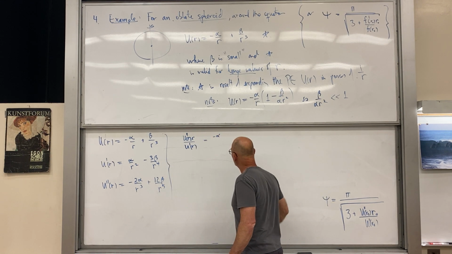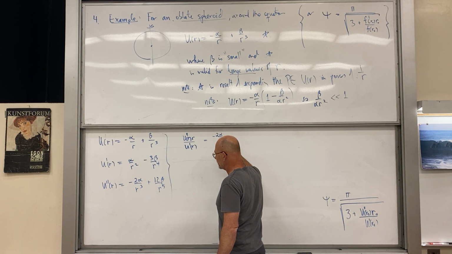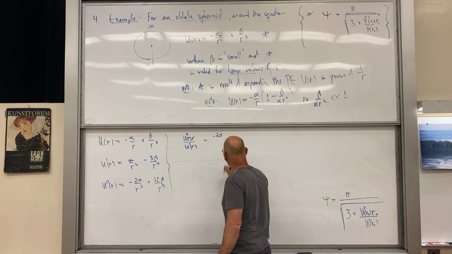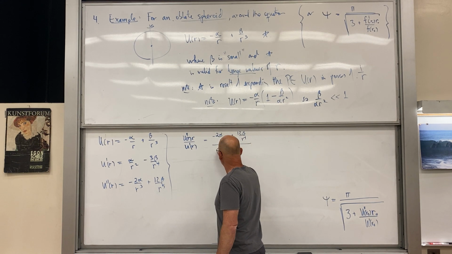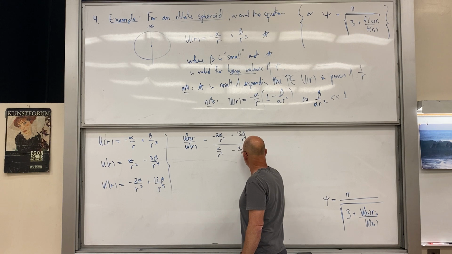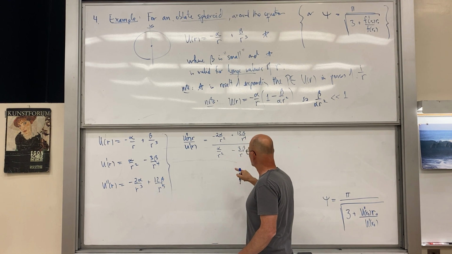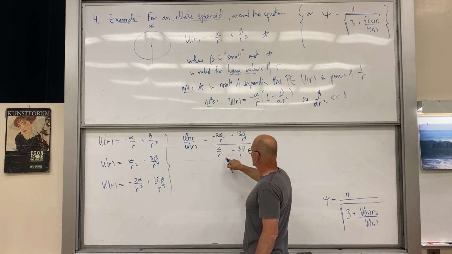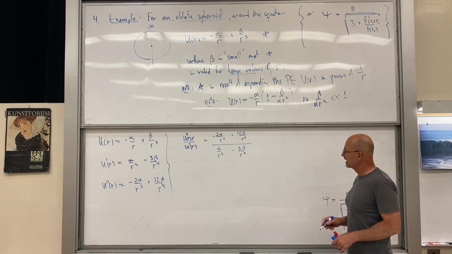We have a minus 2 alpha over r cubed, but we're going to multiply it by r, so we have minus 2 alpha over r squared plus 12 beta over r to the fourth, divided by alpha over r squared minus 3 beta over r to the fourth. So those powers are the same there. Now, this looks bad.